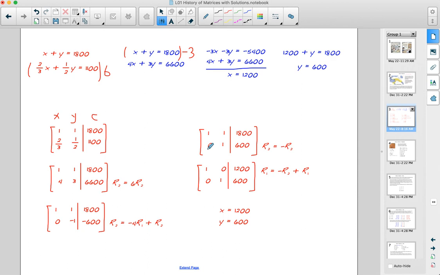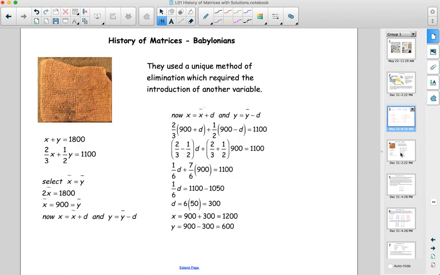Multiply this by negative 1 and add, I get 1. Multiply this by negative 1 and add to this, I get my 0. Multiply that by negative 1 and add it to this, I would get 1200. And so now I can see that x is 1200 and y is 600.